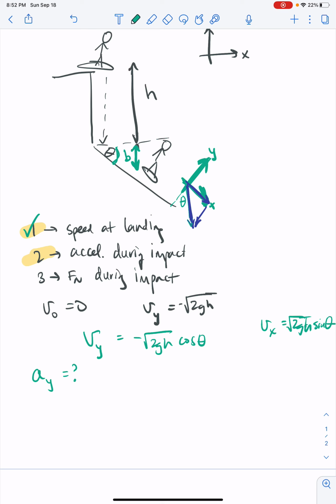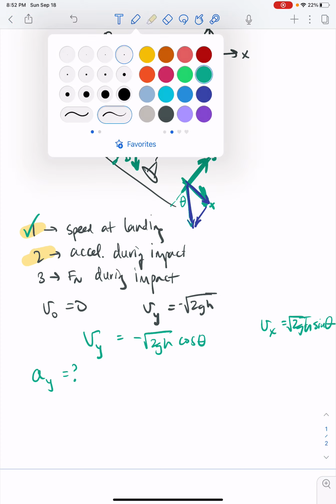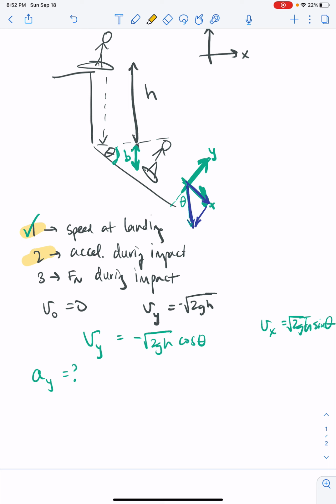But again, we're only thinking about the y-axis here, and so the distance along that y-axis perpendicular to the slope is given by basically the same geometry as the last part. So that distance is going to be b cos theta.